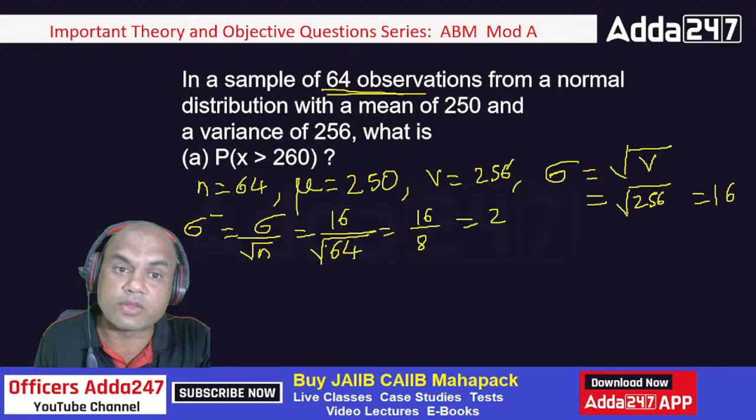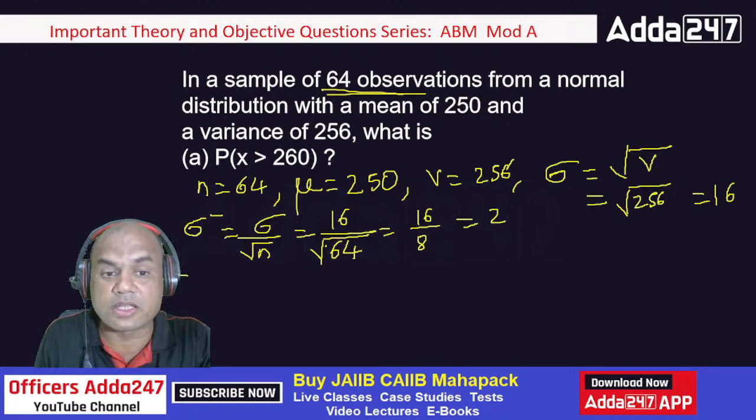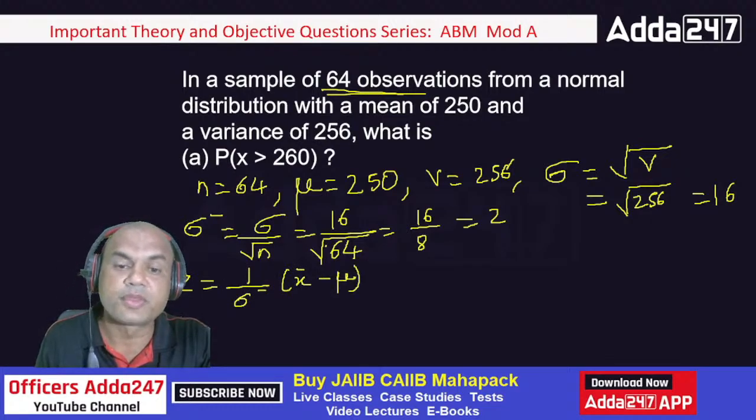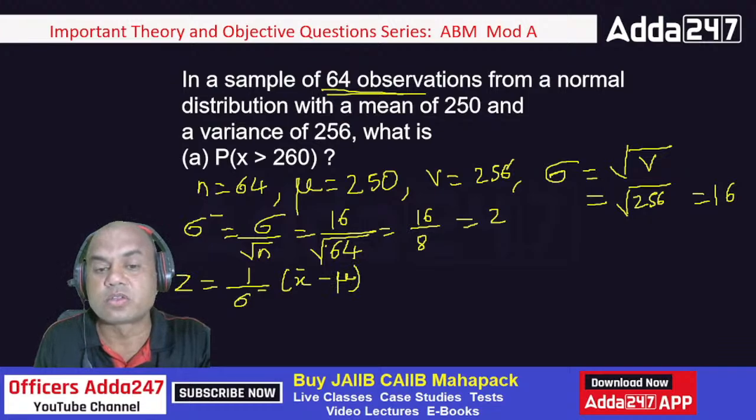Now I'll find z. Remember these steps, you have to remember them in the exam. z equals 1 upon sigma dash into x bar minus mu. So with sigma dash as 2, it is 1 upon 2 into x bar minus mu.